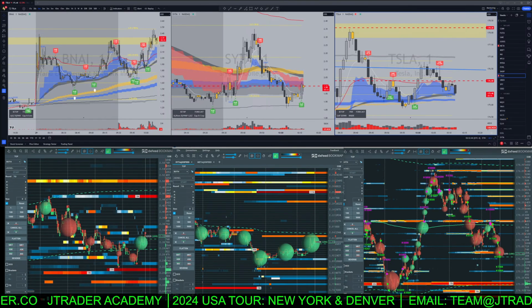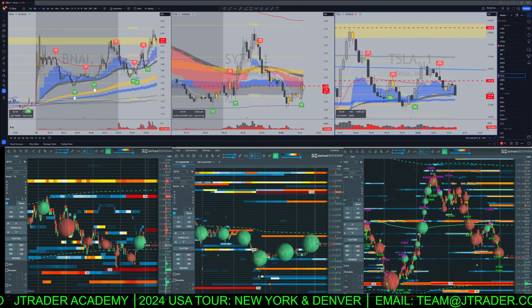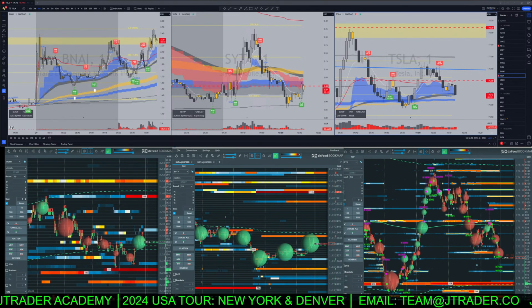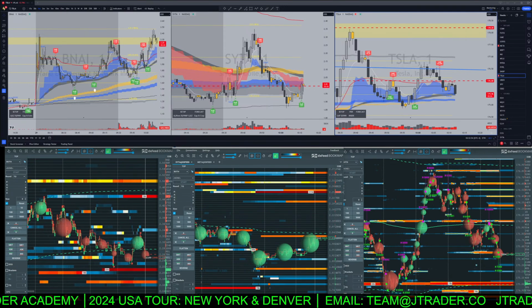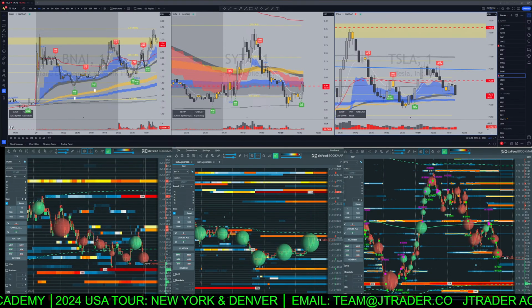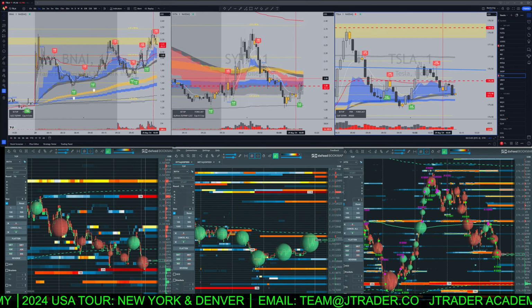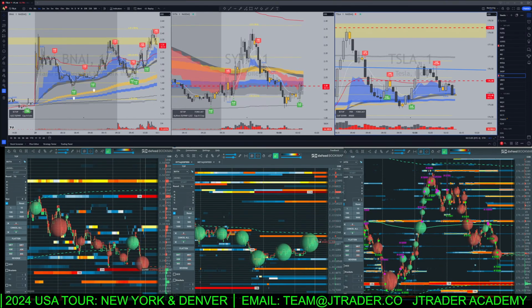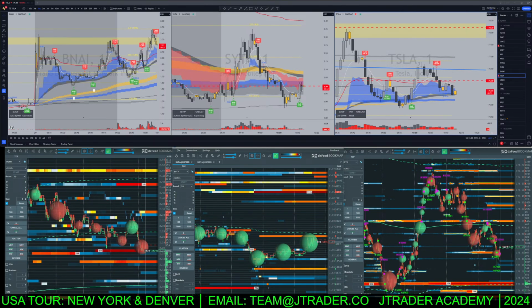They're reclaiming 230s. I want to see over here a fail of this level. 235 is going to be our break even now. $2.21.